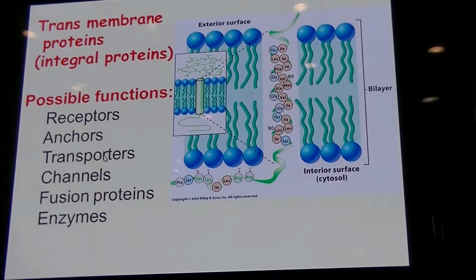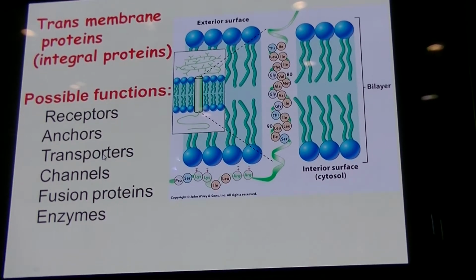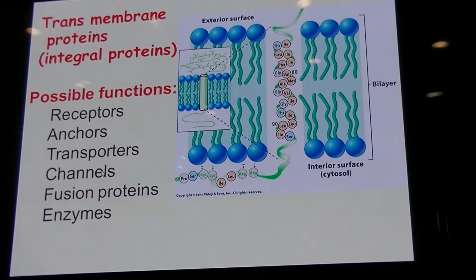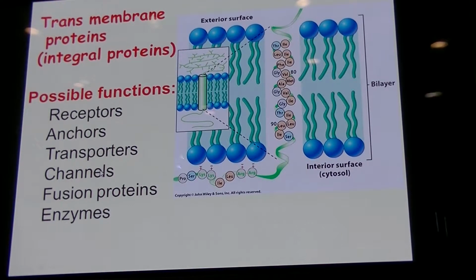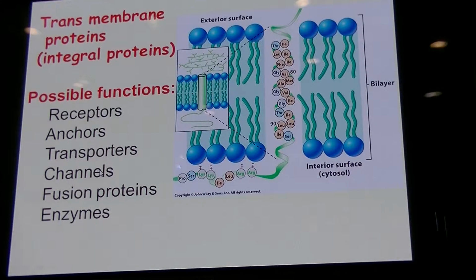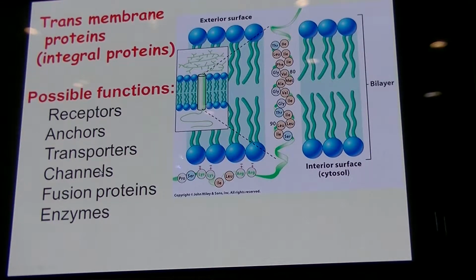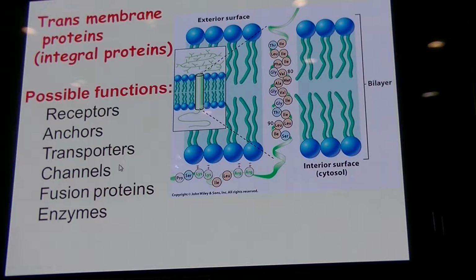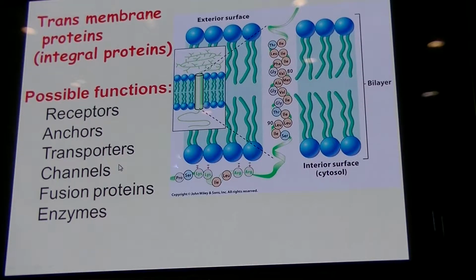Importantly, some are transporters. They allow molecules to get in or out of the cell. Some are channels, a special case of transporters, but channels don't bind the substrate. Channels allow for very rapid transport. Important in the nervous system, we have sodium and potassium channels that play crucial roles there.